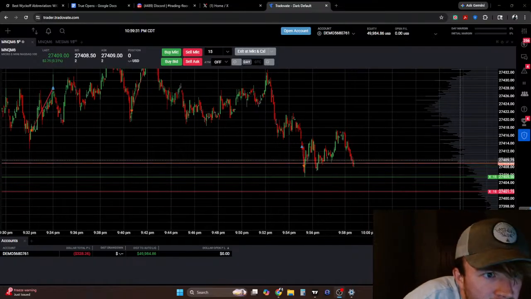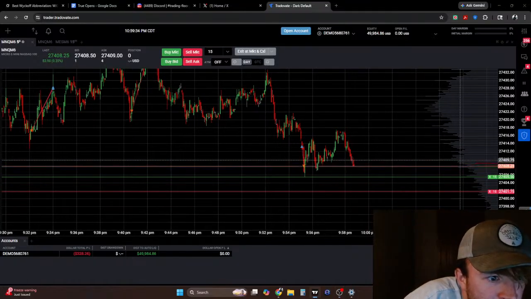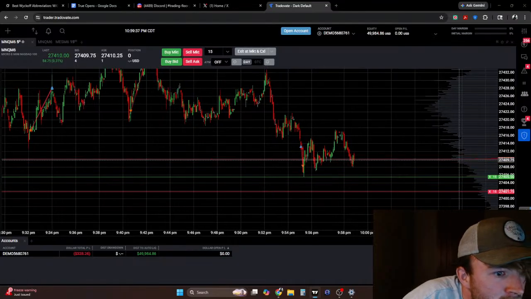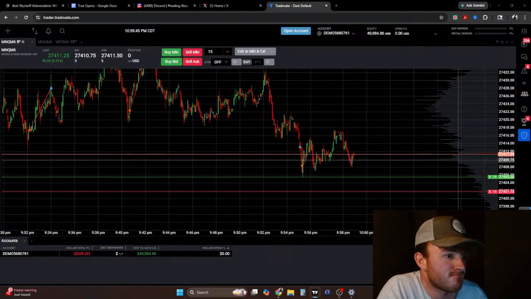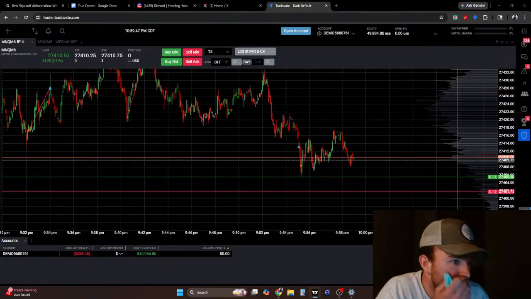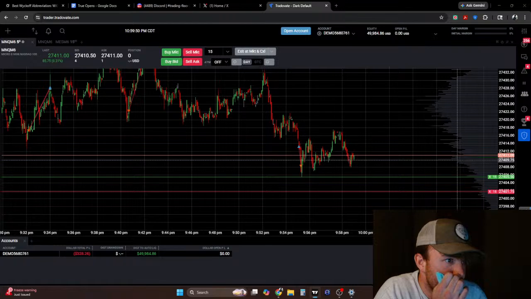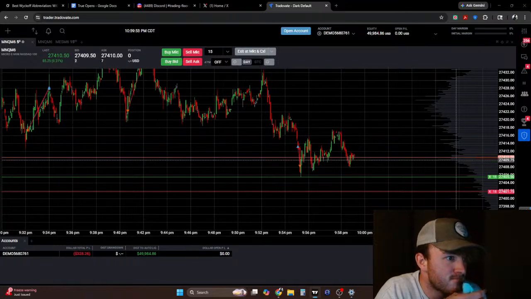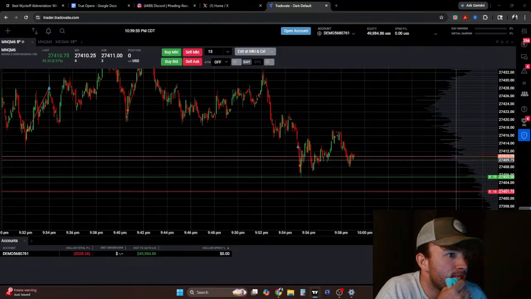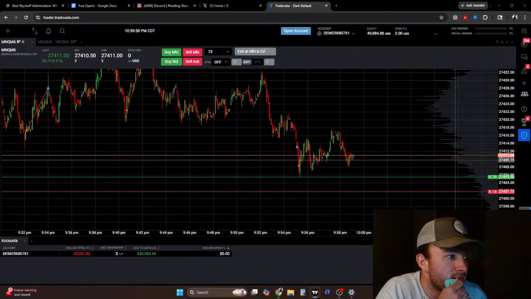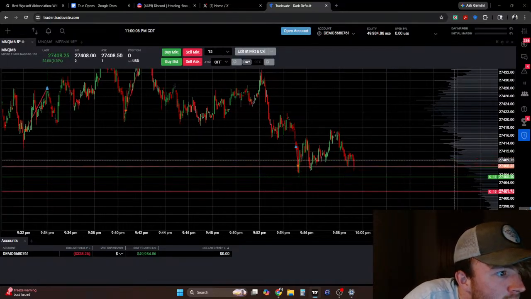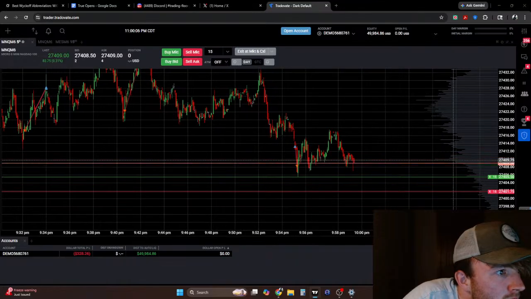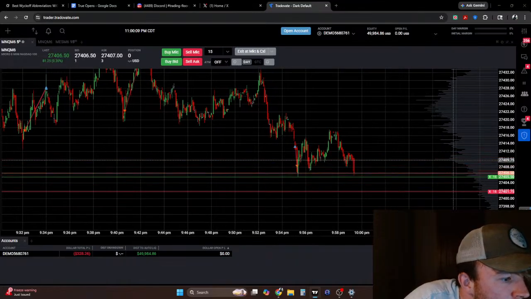Let me check real quick to see if this rejection block is within gold block partition. Why is it so hard to find where the input to switch it is?